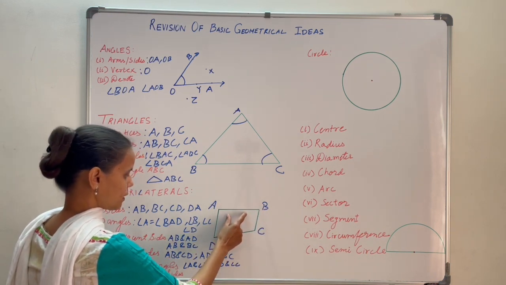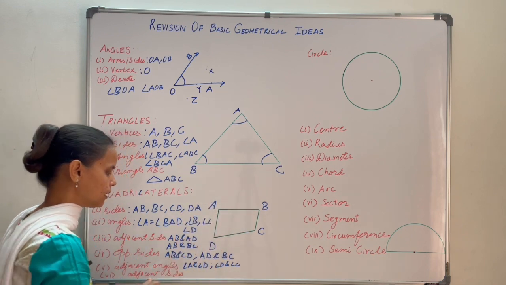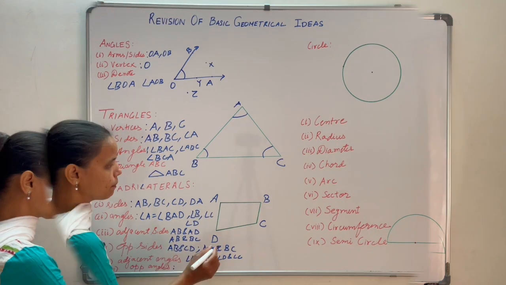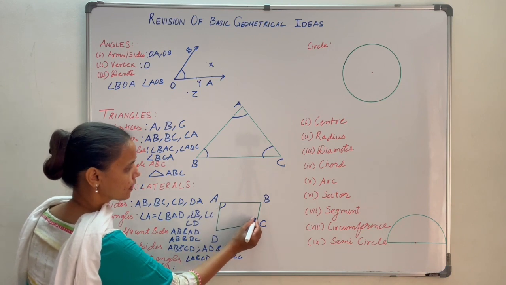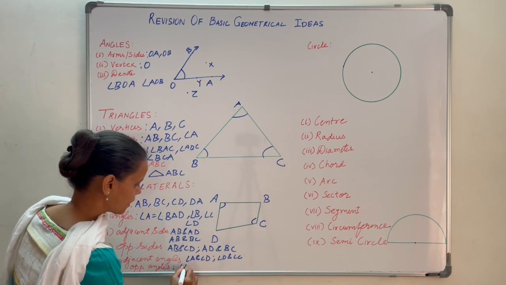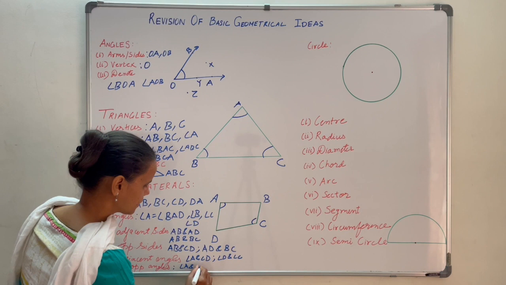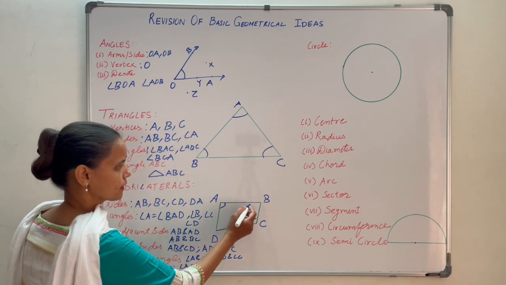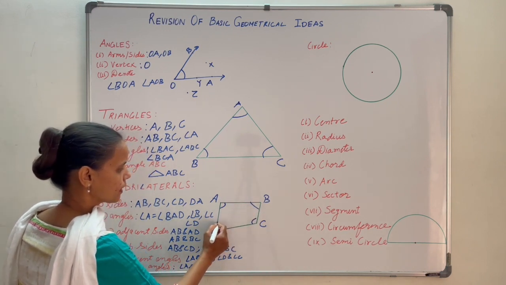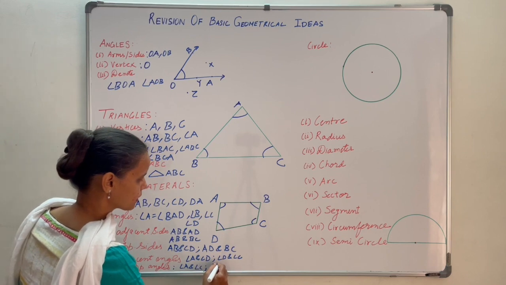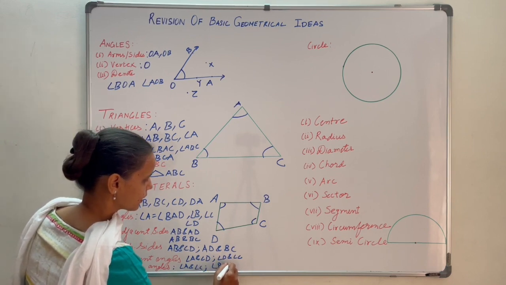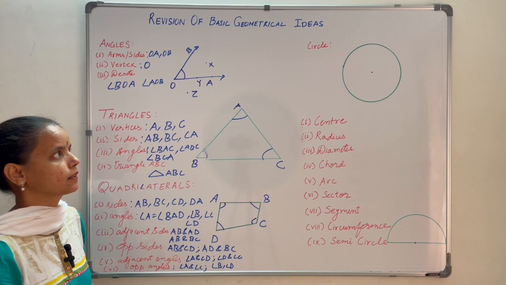If you take AB, then angle A and angle B are the adjacent angles. Opposite angles. Angle A and angle C are opposite angles. Angle B and angle D are opposite angles.